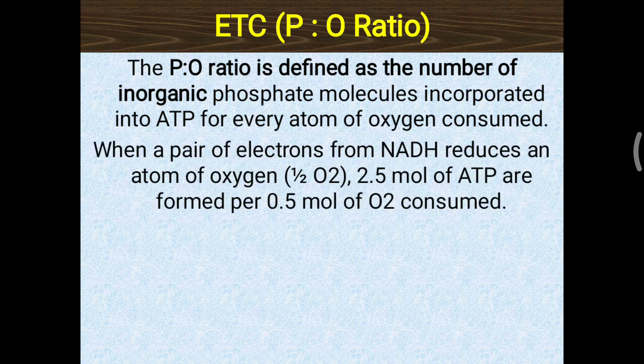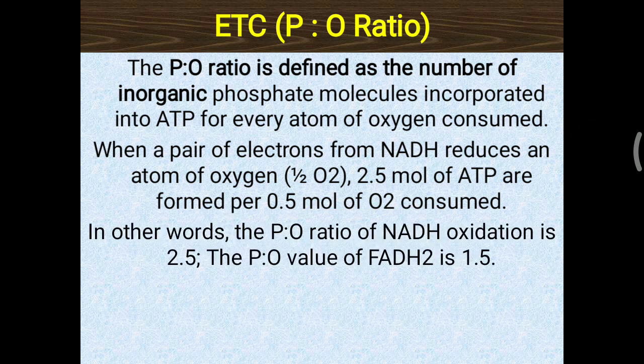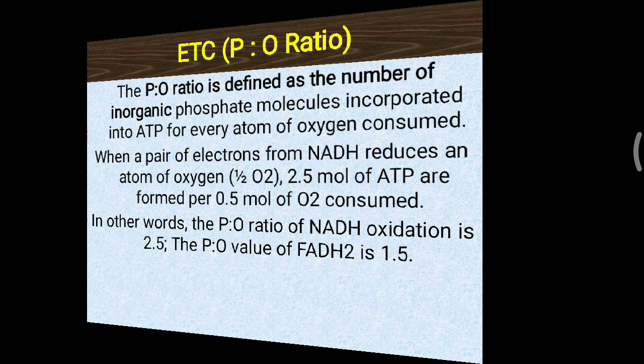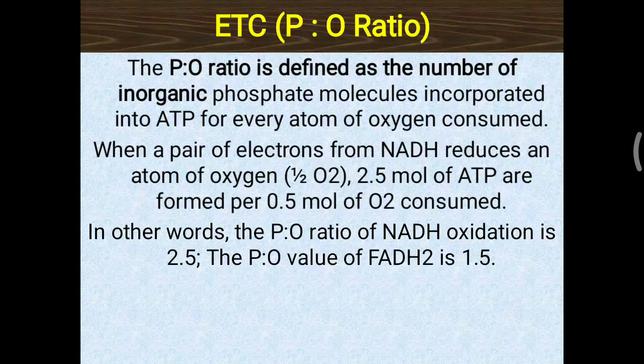When a pair of electrons from NADH reduces an atom of oxygen, 2.5 moles of ATP are formed per 0.5 mole of oxygen consumed. So in other words, the PO ratio of NADH oxidation is 2.5. In the same way, the PO ratio for FADH2 is 1.5. That is the PO ratio. You have to remember that value; sometimes it is asked as an MCQ.